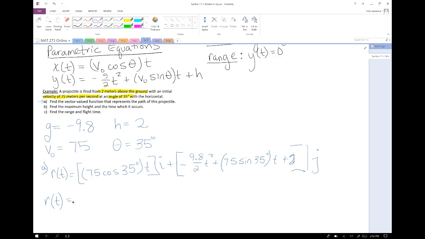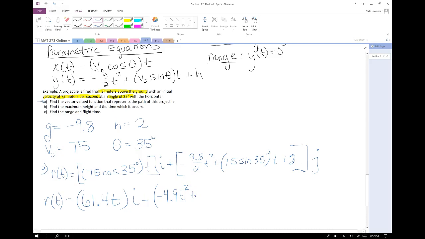So 75 times the cosine of 35 is about 61.4. So we've got 61.4 t for my i component. And then 9.8 divided by 2 is 4.9. So I've got negative 4.9 t squared.